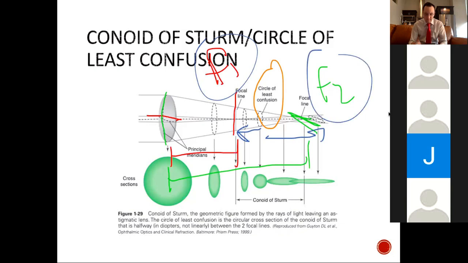You might think, well, why isn't it smack dab in the middle? It's because we express it in diopters. If you were to express it in a distance measurement and break it down, it would actually be closer distance-wise to F1 than it would be to F2, okay?